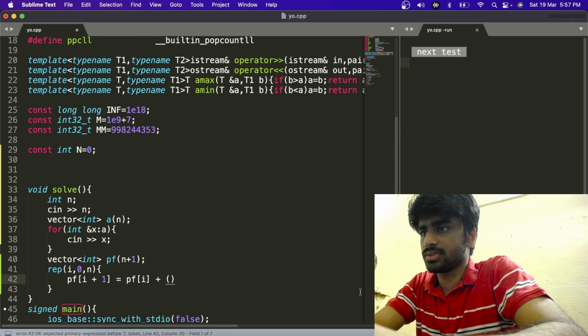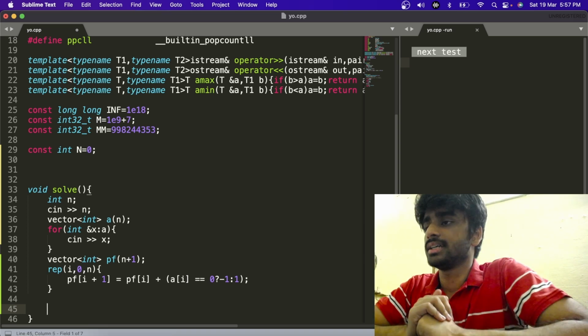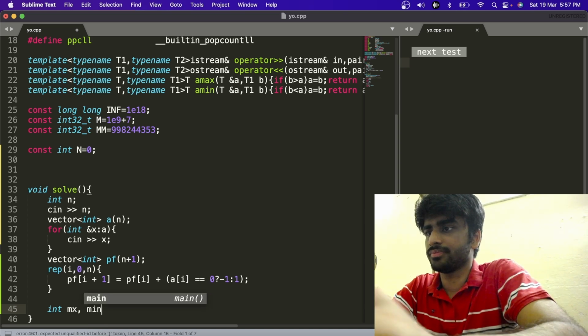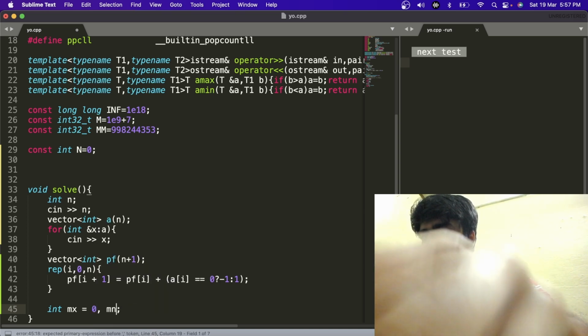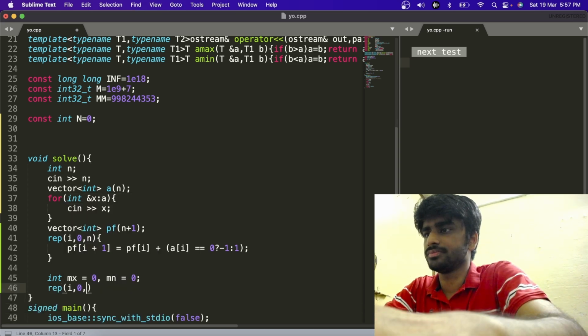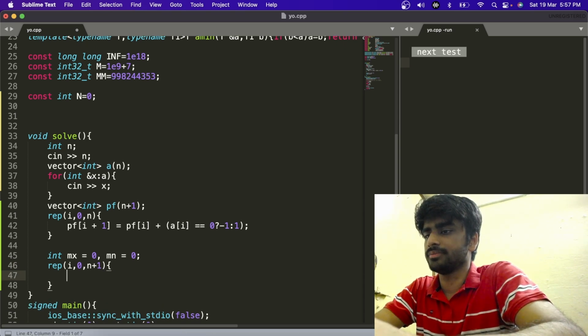If this A[i] is 0, then we do -1, otherwise +1. So for this prefix sum that we get, we now want just the minimum and maximum value. Initially both are 0.